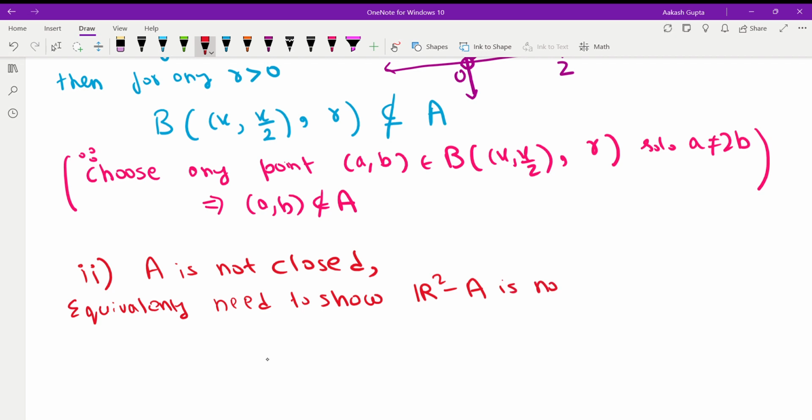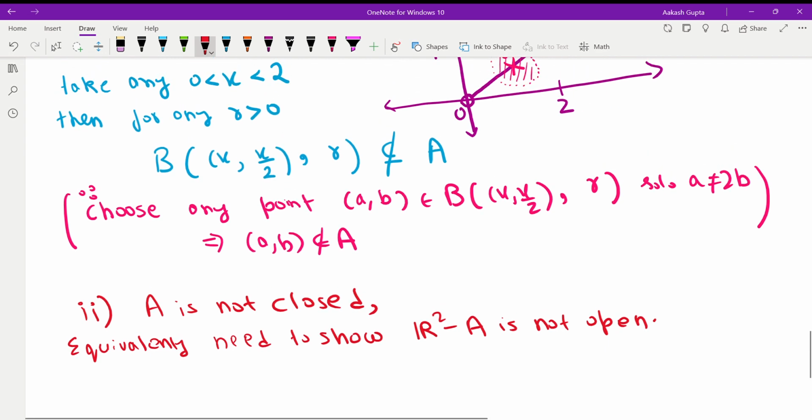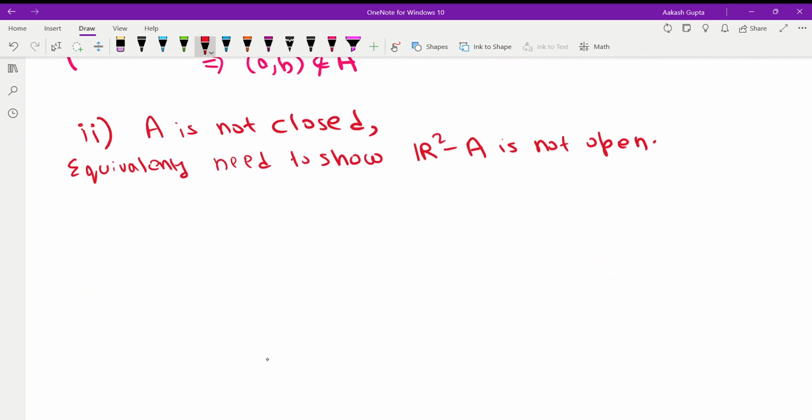We need to show R2 minus A is not open, because if it is open, then you can see that A would be closed if R2 minus A is open.